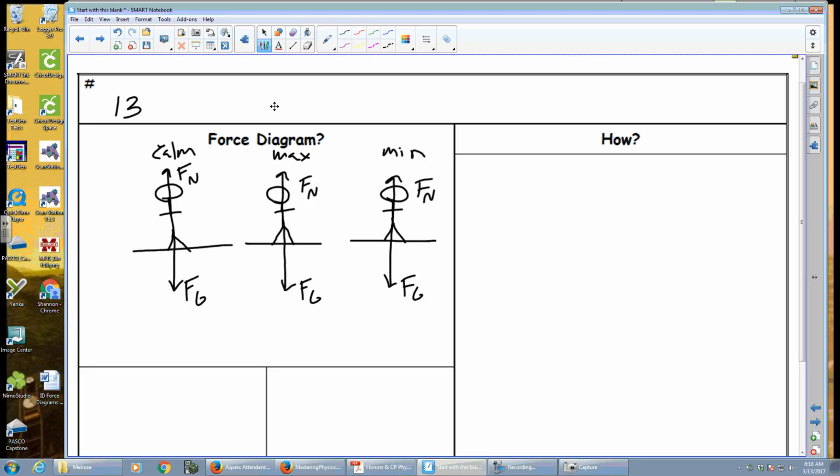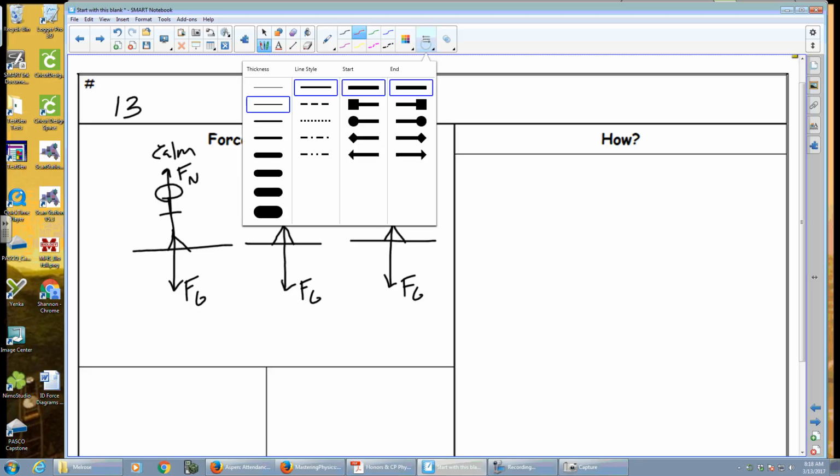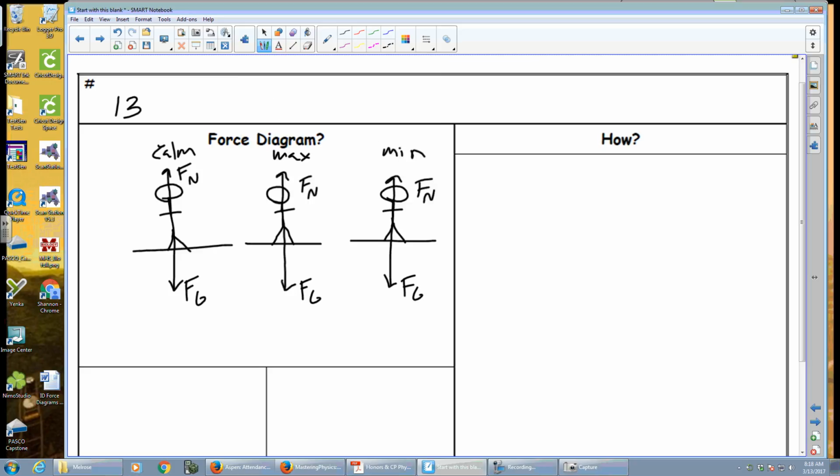He'd be accelerating down at free fall acceleration. So the difference here is, which direction is he accelerating when it's calm? Which direction is he accelerating when the seas are calm?